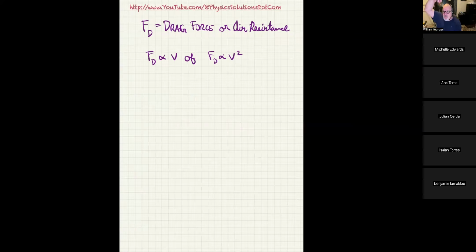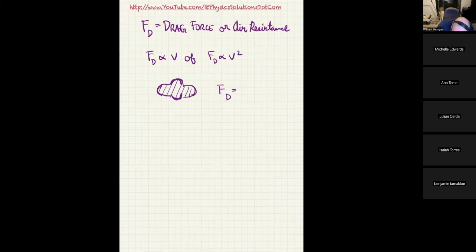So if you imagine the sun shining straight down, which it doesn't do normally, but we're going to pretend like it is, then I would get a shadow. A shadow of me would look something like this, where these are my shoulders and this is the front of my head and this is the back of my head. That total area there is what the drag force is proportional to.